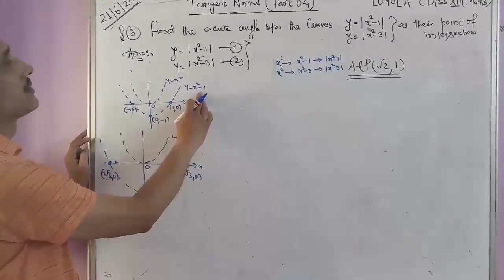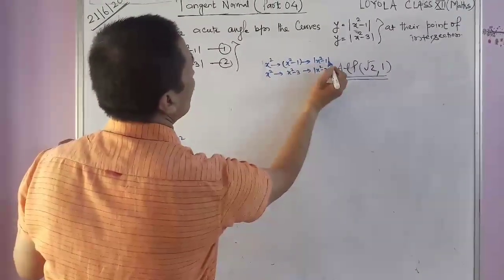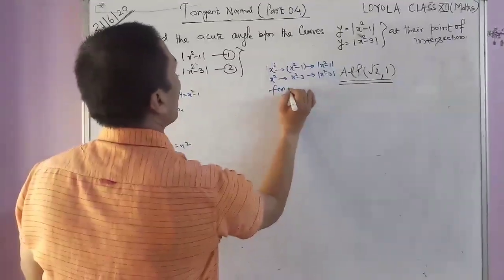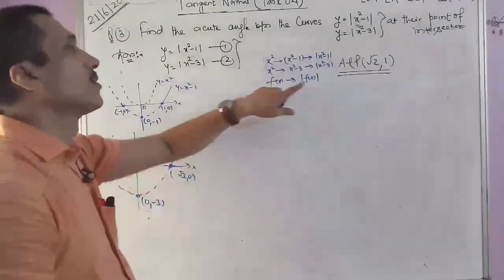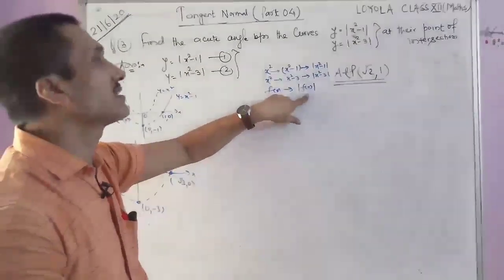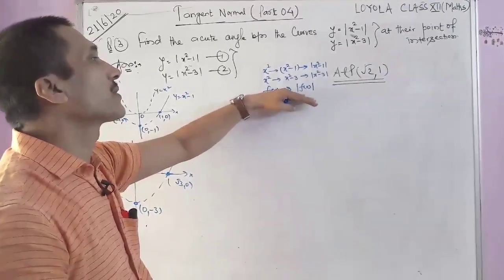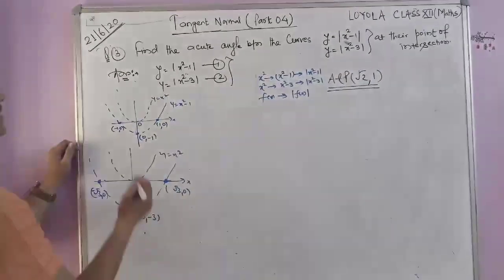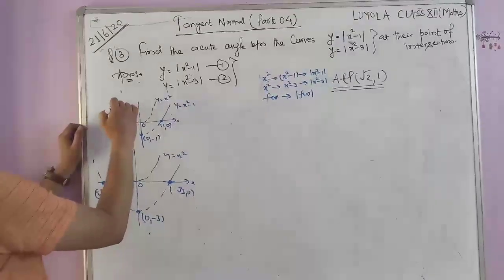Now we have to shift x² to x² − 1. We know f(x) to modulus of f(x): the portion of the curve above the x axis remains the same, and we remove the portion of the curve below the x axis but take its image in the x axis. Here we keep this portion as usual.